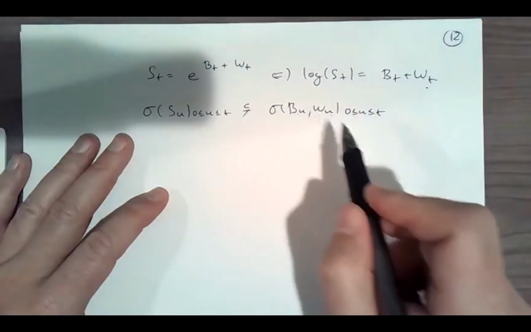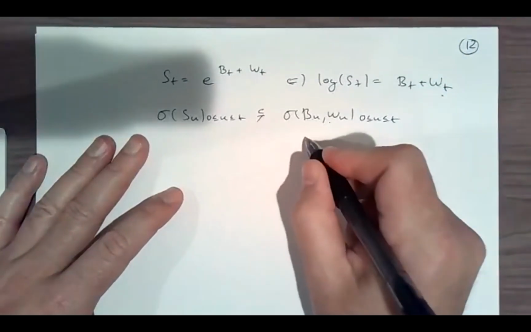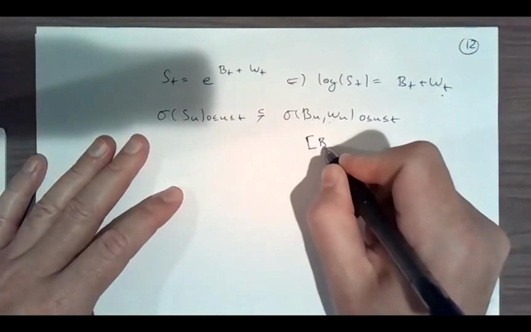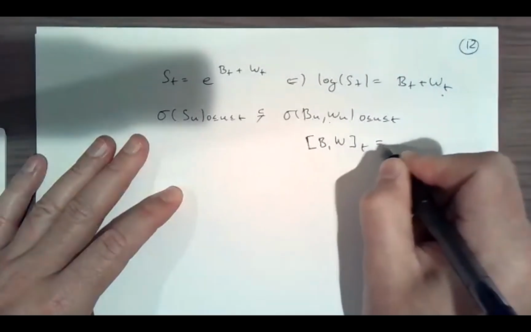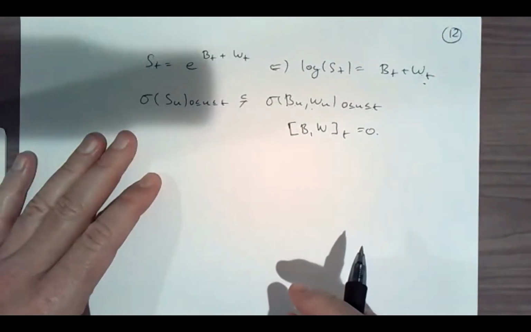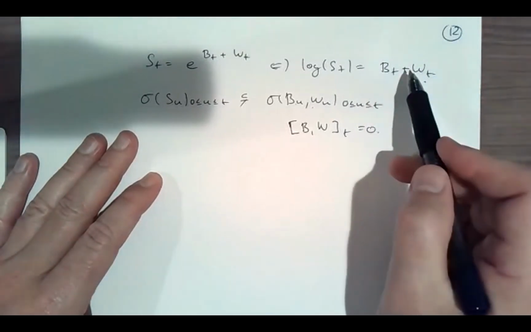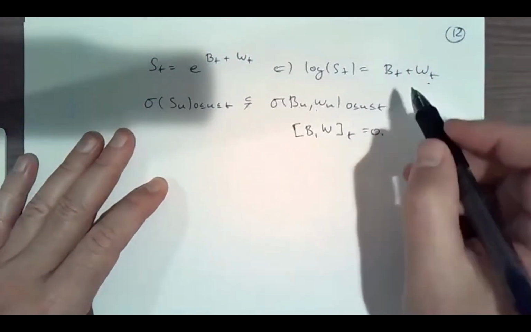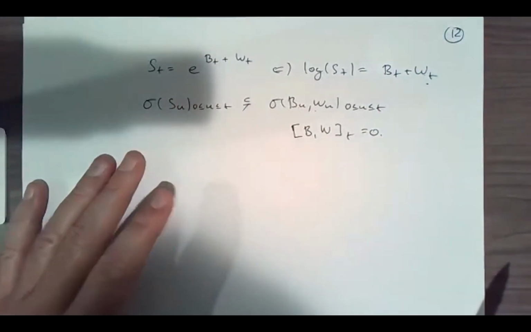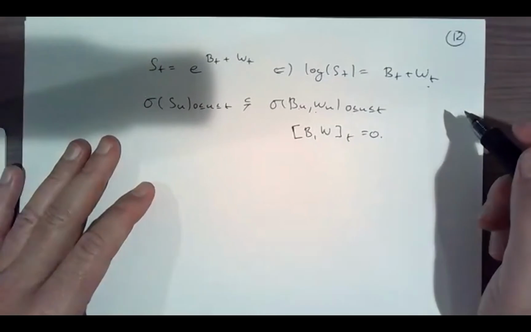For Brownian motions, keep in mind our Brownian motions have cross variation equal to 0. If I take B to be equal to W, then it's a different story. Because if I'm allowed to take arbitrary Brownian motions, then the answer to your question could be yes.